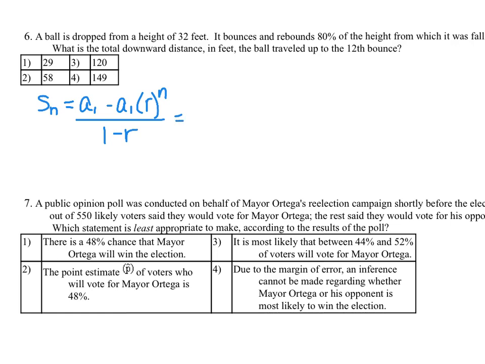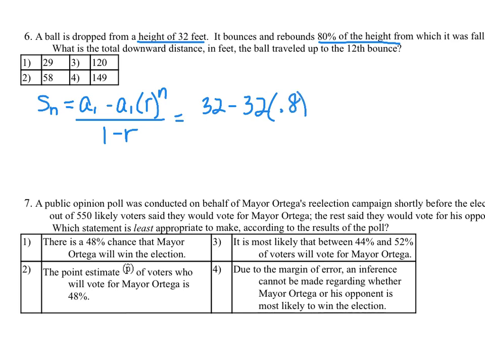Well, initially the ball is dropped from a height of 32 feet, so that would be your initial height. So that's going to be 32 minus 32, and if you read the second sentence, it says it bounces and rebounds 80% of the height from which it was falling. So our r is going to be 0.8.